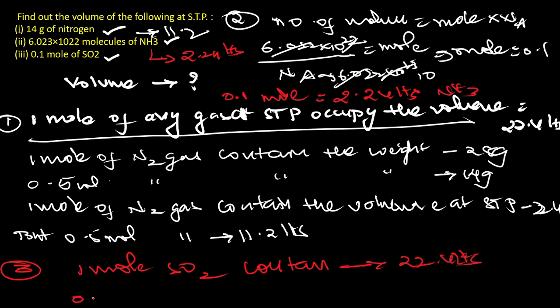Then 0.1 mole of SO2 contains how much? It will be 0.1 into 22.4 liters, which gives 2.24 liters. So 0.1 mole of SO2 contains 2.24 liters. Thank you.